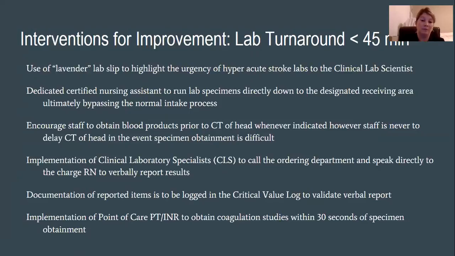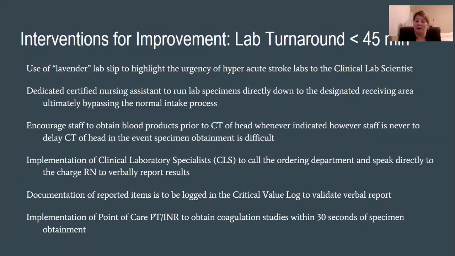So we've implemented that the person running the lab will call the charge nurse in the emergency department, give it as a critical value, and then that's logged into the critical value log as documentation and to match up times so that that can be tracked.